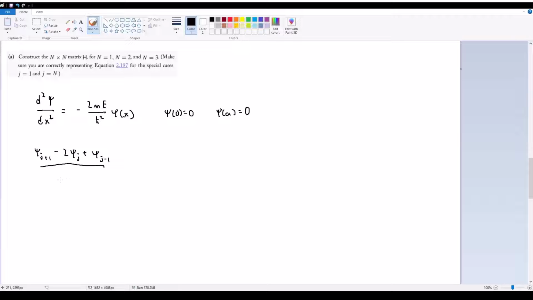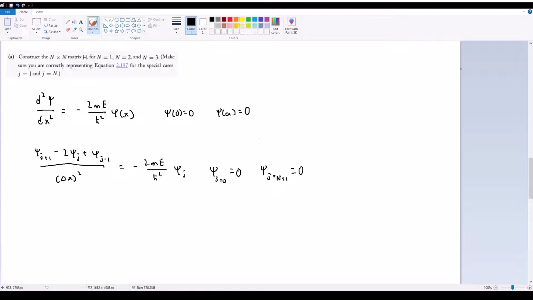And then this is all divided by delta x squared, and this is now equal to negative 2me over h bar squared times psi in the jth interval. And now my new boundary conditions are going to be psi at j equals 0 is equal to 0, and psi at j equals n plus 1 is equal to 0.